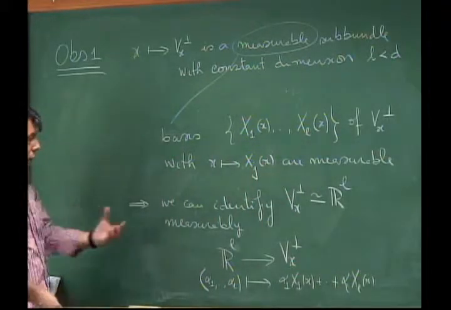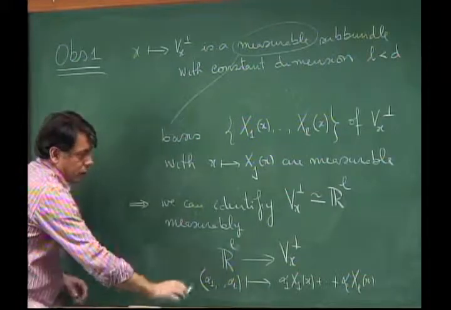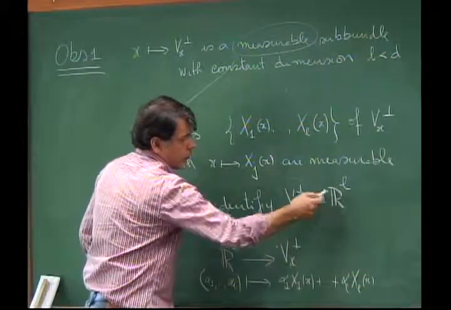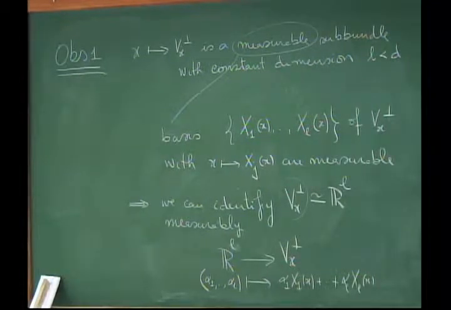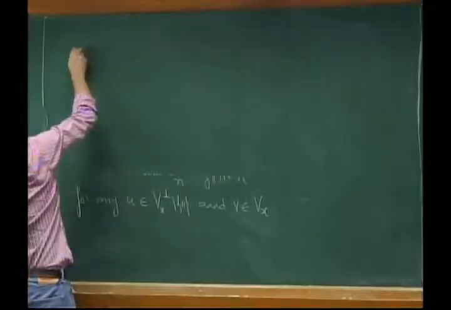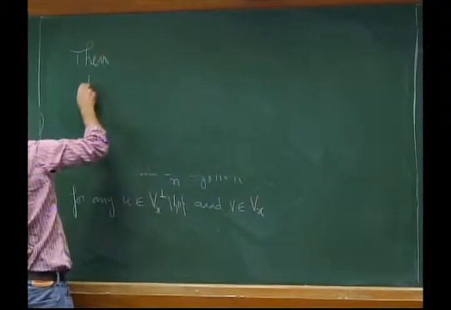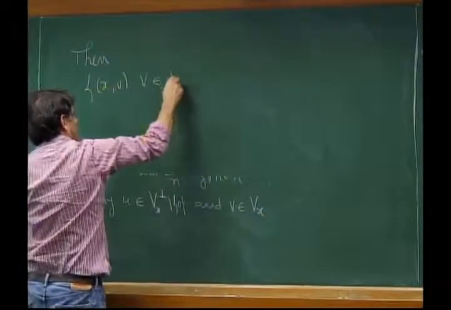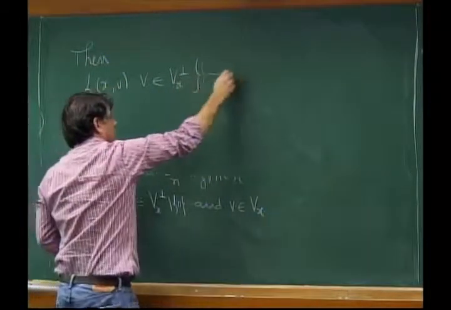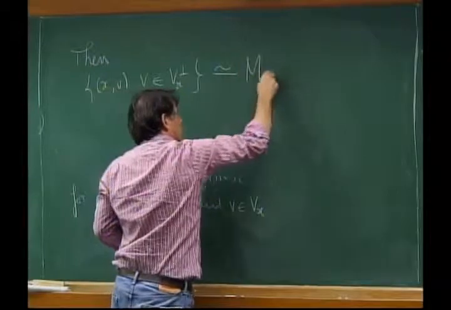So we can identify each one of these Vx orthogonal with RL, and then the subset xv is identified with M cross RL.